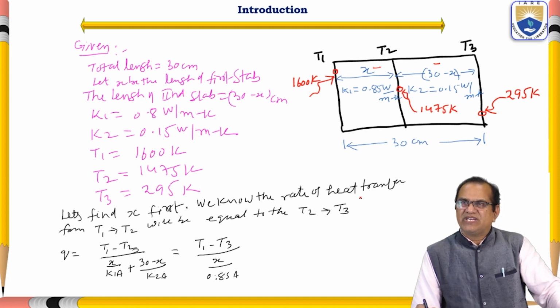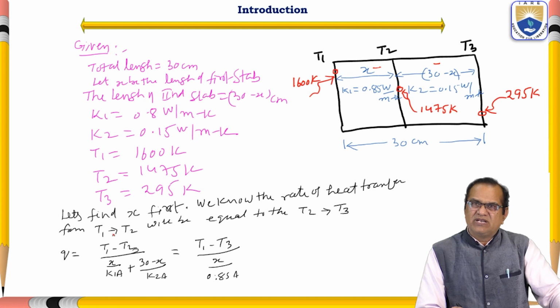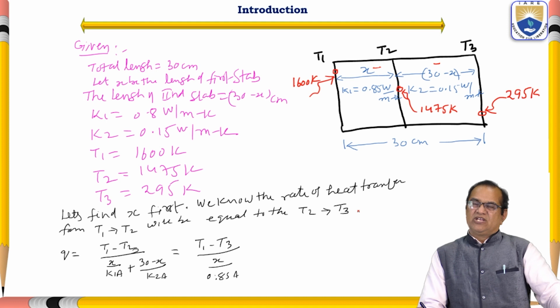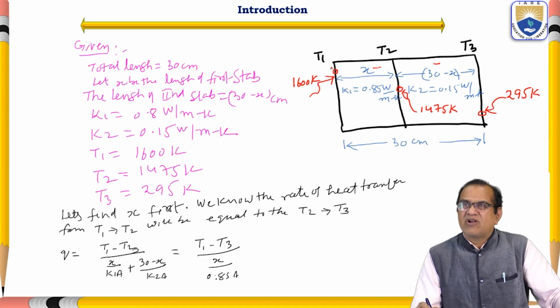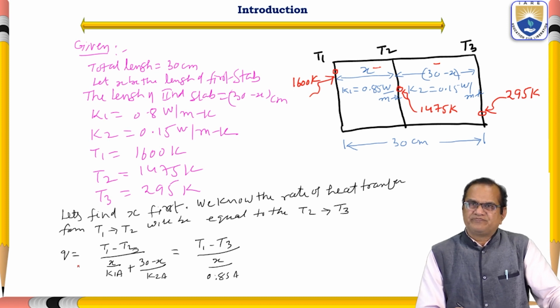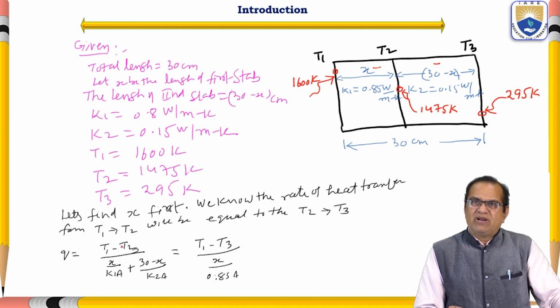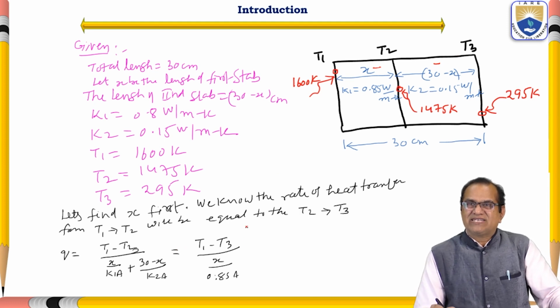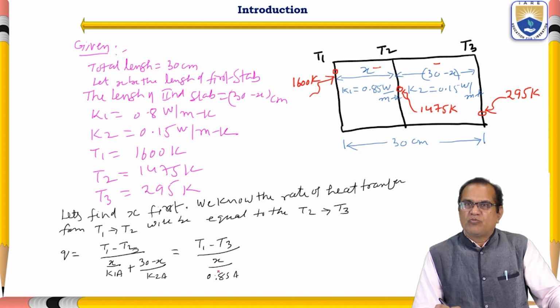We know the rate of heat transfer from T1 to T2 will be equal to that from T2 to T3. So the rate of heat transfer through each slab will be the same. So this Q is equal to T1 minus T3 divided by X over K1A plus 30 minus X over K2A. This is equal to T1 minus T2 divided by X over 0.85.